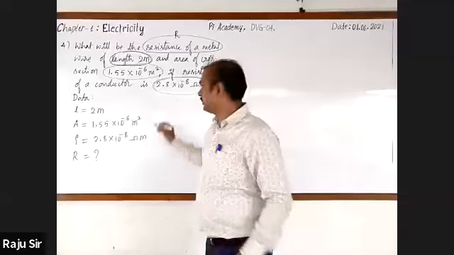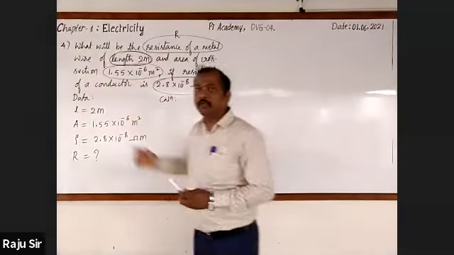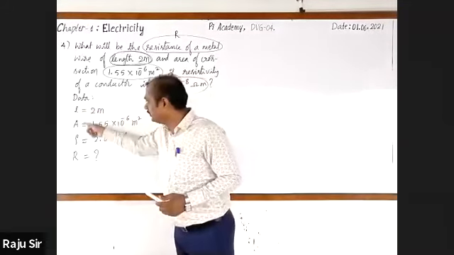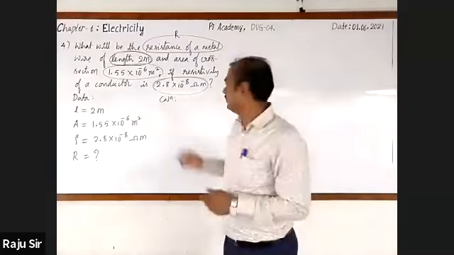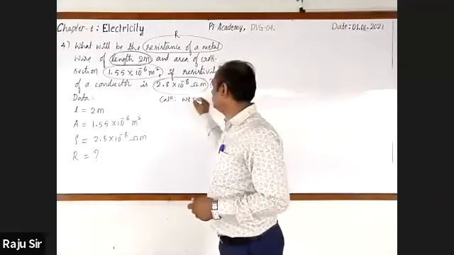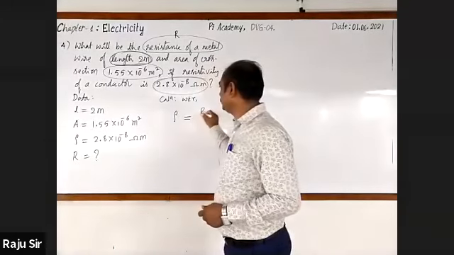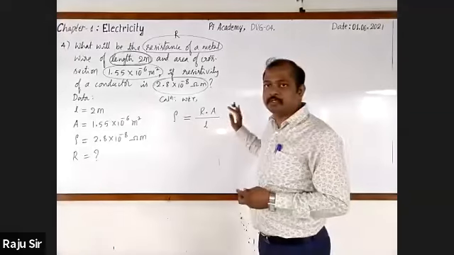Let's go on to calculation. You know that we have a formula which gives the relationship among L, A, rho, and R. That is the resistivity formula. We know that resistivity formula rho is equal to R into A by L. Half marks will be there just for writing the formula.